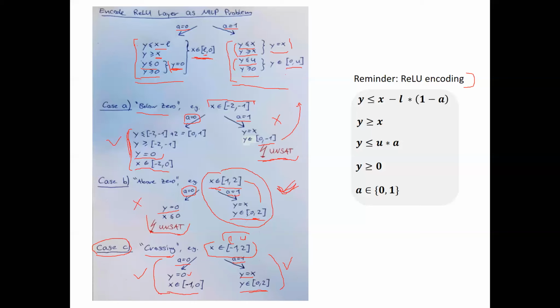So I hope this gives you a little bit of intuition about, one, how the incomplete method can help produce bounds, lower and upper values for the neurons, which allow you to prune some of the linear programming instances that would be generated otherwise by the MILP solver, right? And then also be aware of these crossing issues.